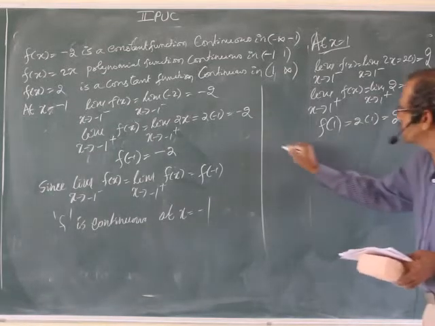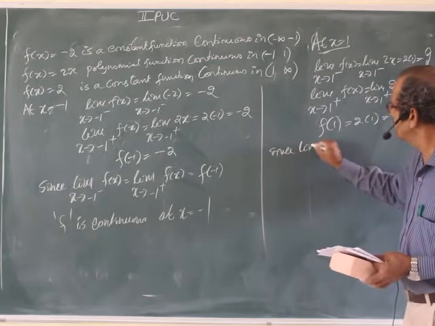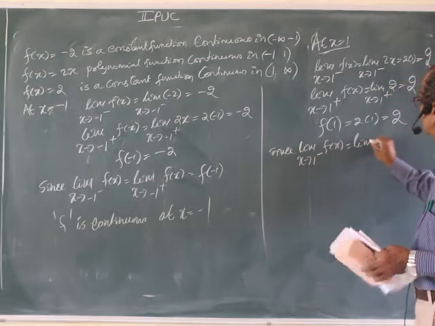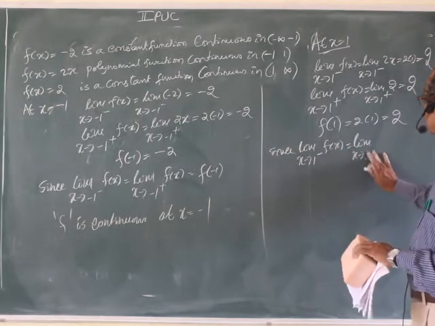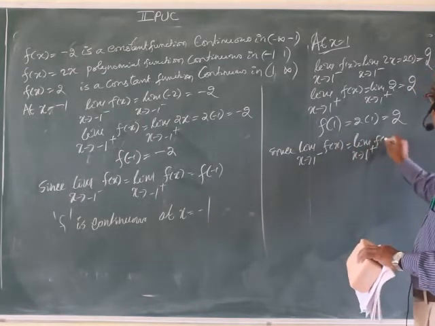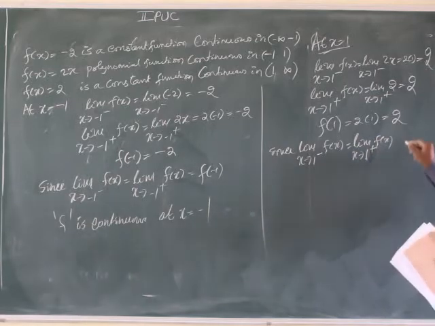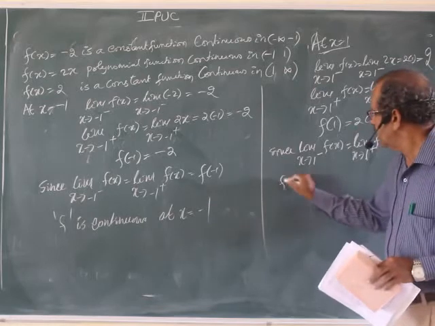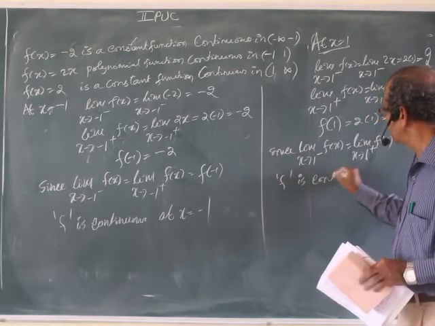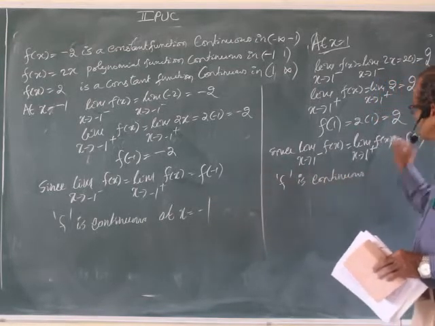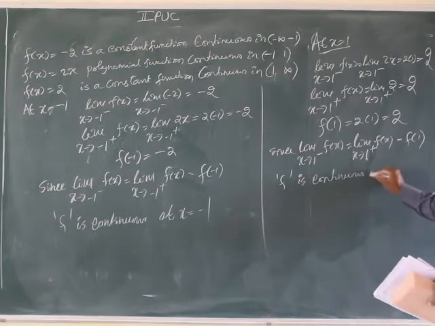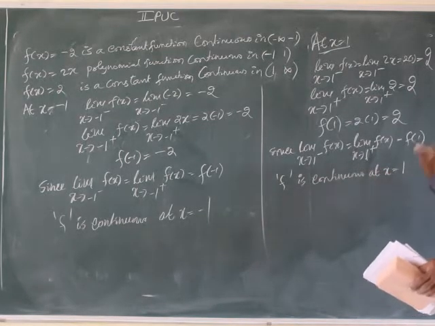All are equal. Since limit x tending to 1 minus f of x, limit x tending to 1 plus f of x equal f of 1, f is continuous at x equal to 1.